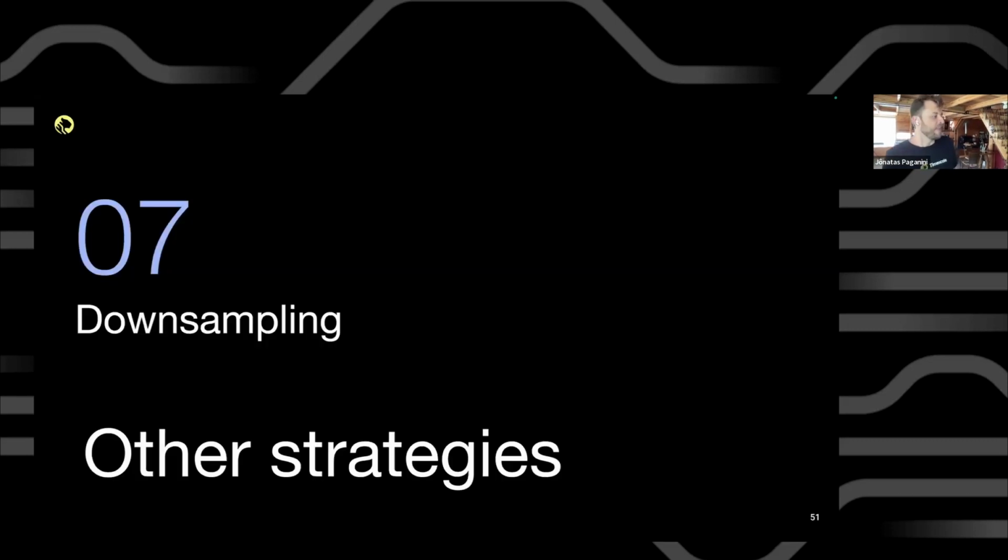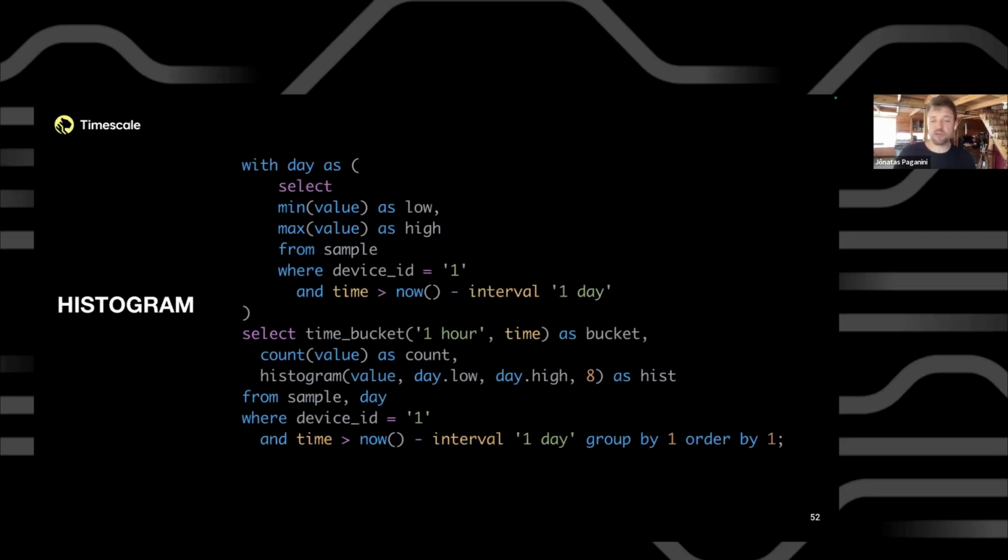So yes, other strategies. Here are a few strategies. We showed downsampling as algorithms. In the past, we showed aggregations, and I'm also going to call your attention to histogram. A histogram is just a way that you can store buckets, and from your buckets, you can understand how much data is passing through that bucket.